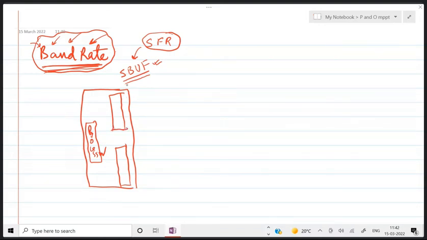So there are two separate SBUFs in 8051, two separate registers, but their name is the same for both.